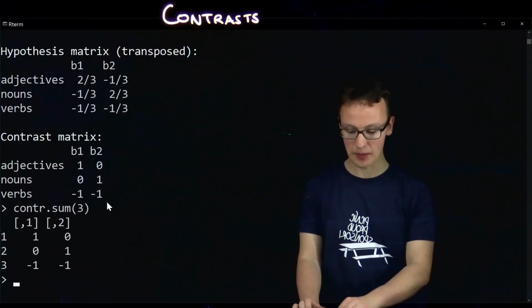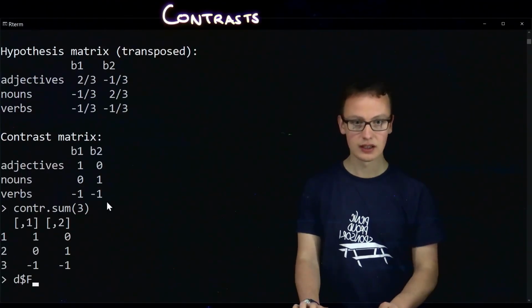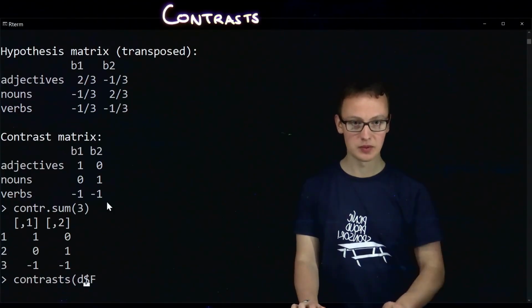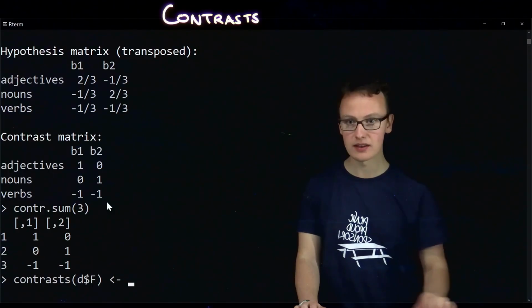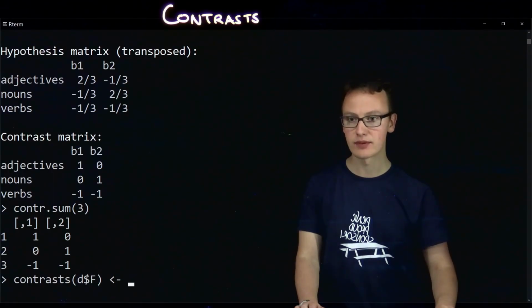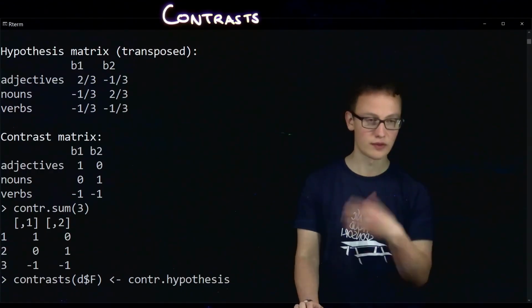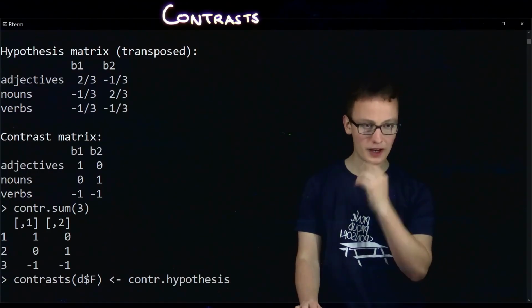So we would again take our predictor F in the data frame D and wrap it with contrasts, and then we're going to define these contrasts as follows. So we're going to write contr.hypothesis. That's also a function from the hypr package, I believe.